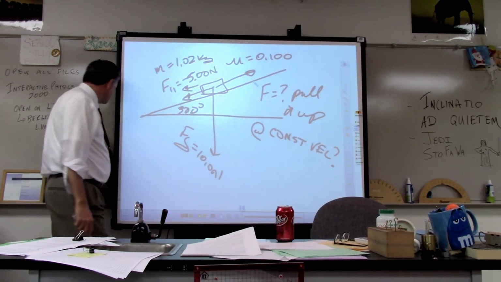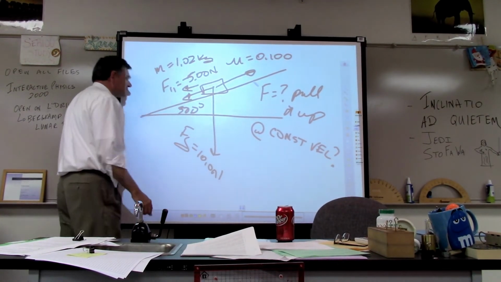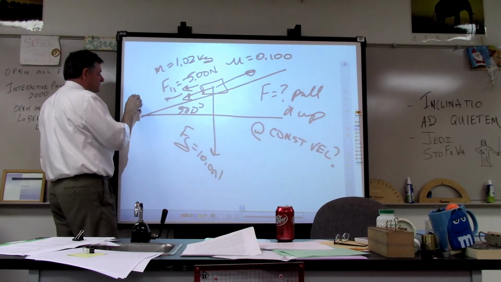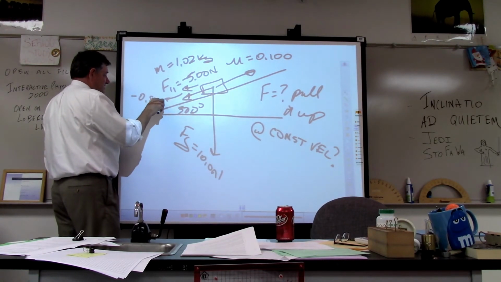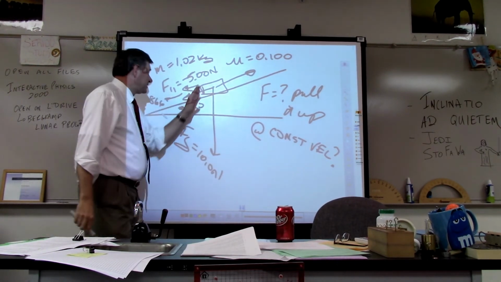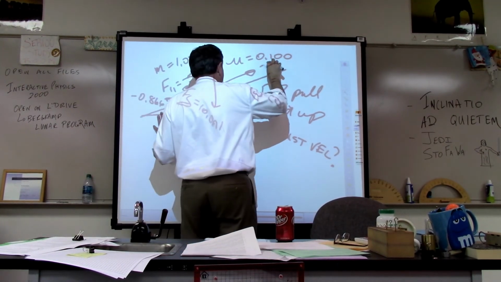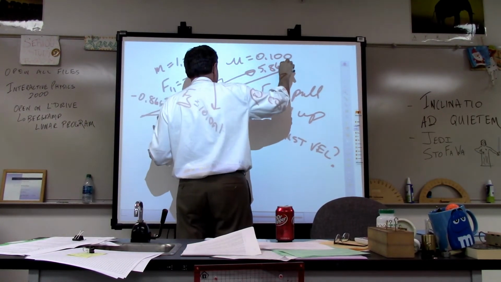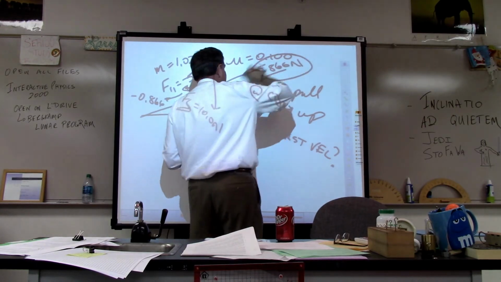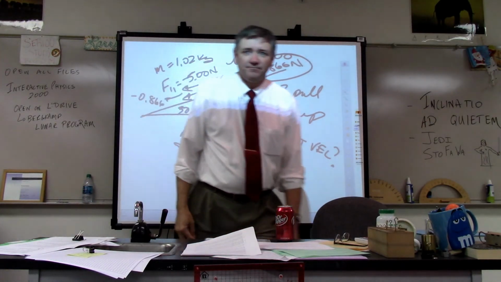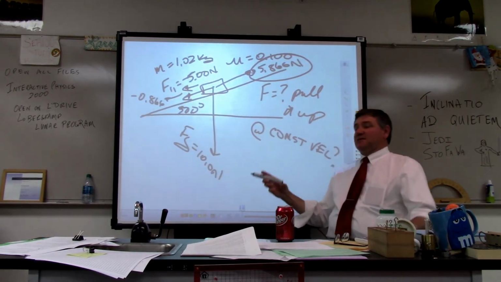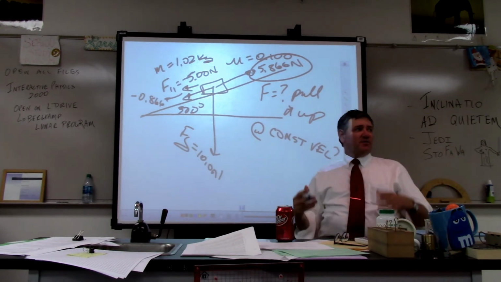Simple. So my force of friction is negative 0.866. So my total force then is going to be 5.866 newtons. Everything adds up to equal 0. I don't have a net force.